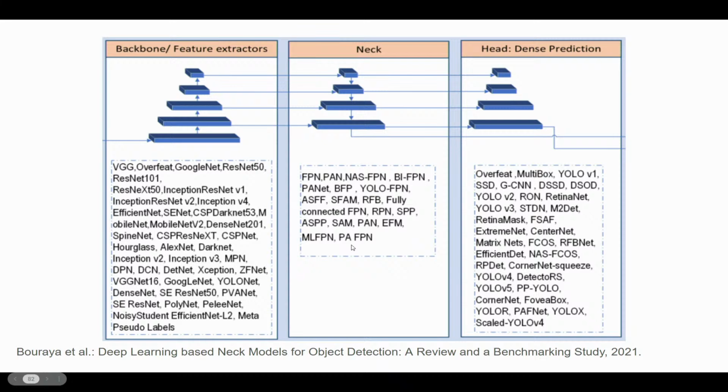This is from 2001. If you think speech and language is confusing, look at, for example, these detectors. People don't have anything better to do than think about new things. So of course, we have tons and tons of different backbones, tons of necks, and even tons of heads or loss functions just to do detection.